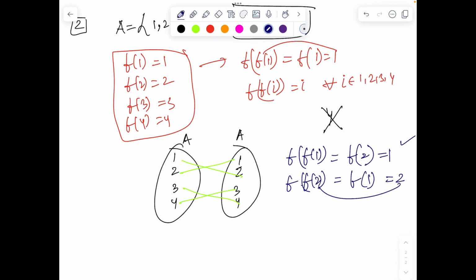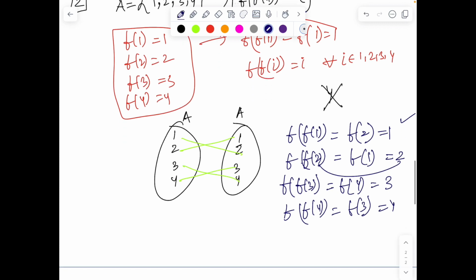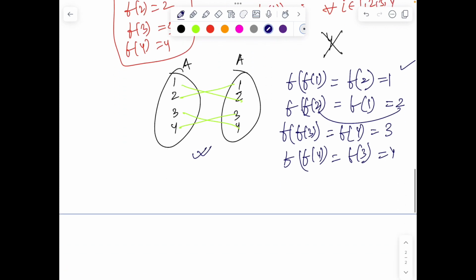Since f of 2 is 1 and f of 1 is back to 2, so you can see f of f of 2 is 2. What about f of 3? f of 3 is 4, but very smartly I mapped 4 again to 3. And the last one, f of 4 is 3, and 3 we have mapped back to 4. So this is also one of the possible functions.